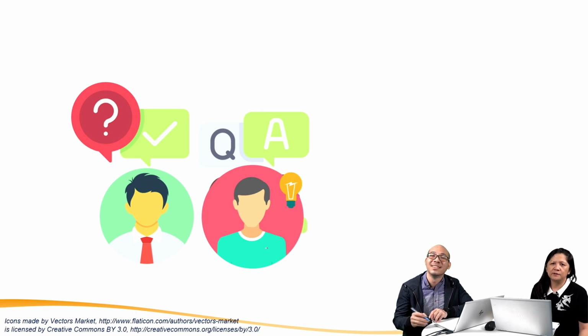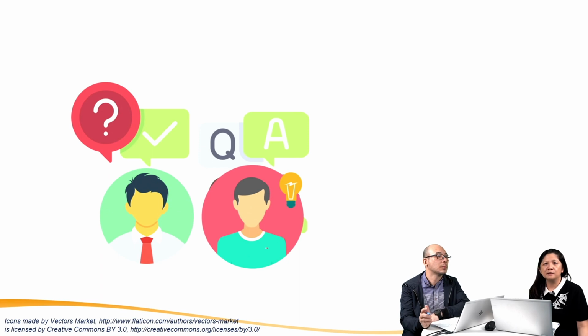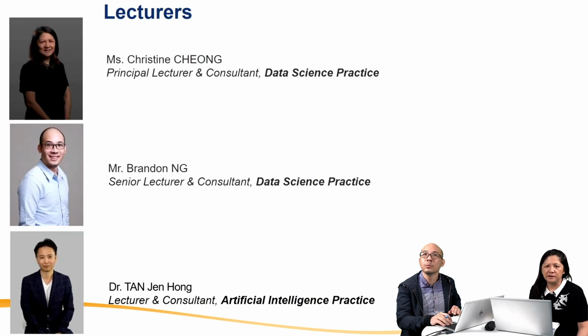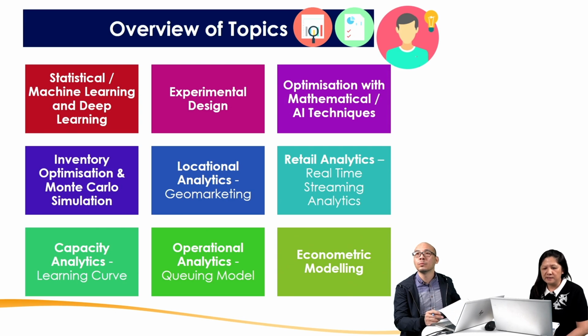Basically, you can think of it this way: I covered mainly the predictive techniques, from experimental design to statistical machine learning, and he covered more of the optimization space. But this does not mean that you need all this deep knowledge before you come to this program. Through these courses, we will teach you all these different techniques in the predictive and optimization space.